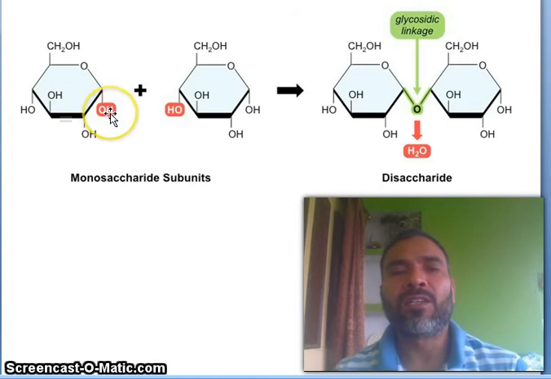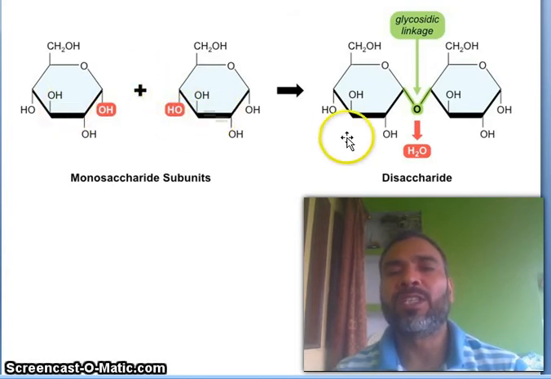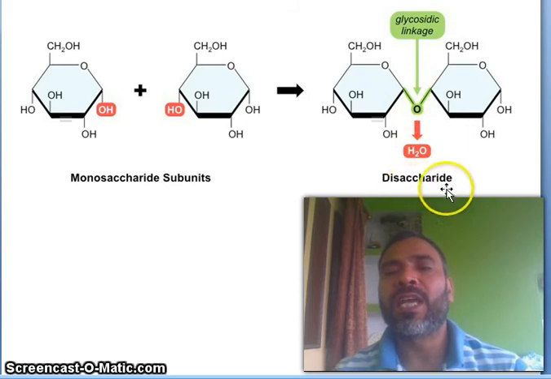So we call this carbon anomeric, and this configuration is alpha, and this one is also alpha. They combine together, these monosaccharide units, forming this disaccharide, and this bond is especially known as glycosidic linkage.